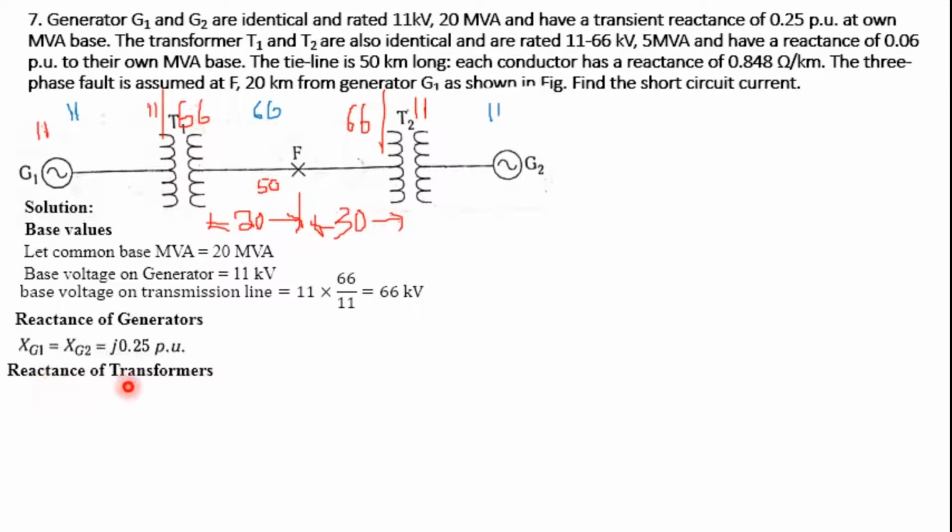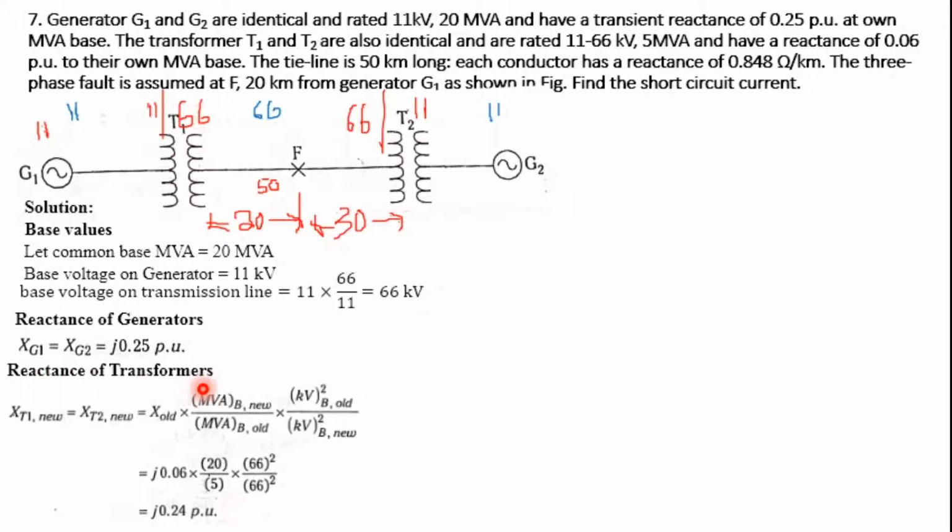Next, the reactance of the transformers. The formula is X new for T1, which equals T2's new value, equals old value times MVA base new by MVA base old times kV base old divided by kV base new squared.